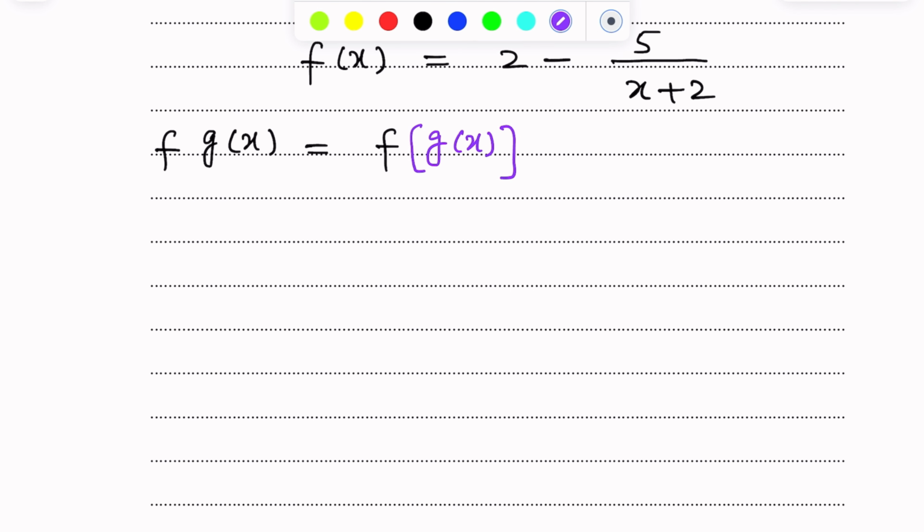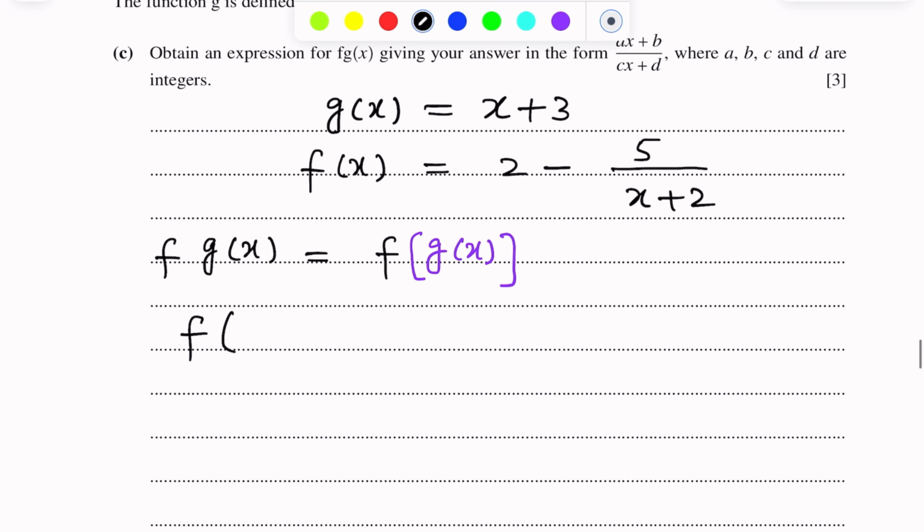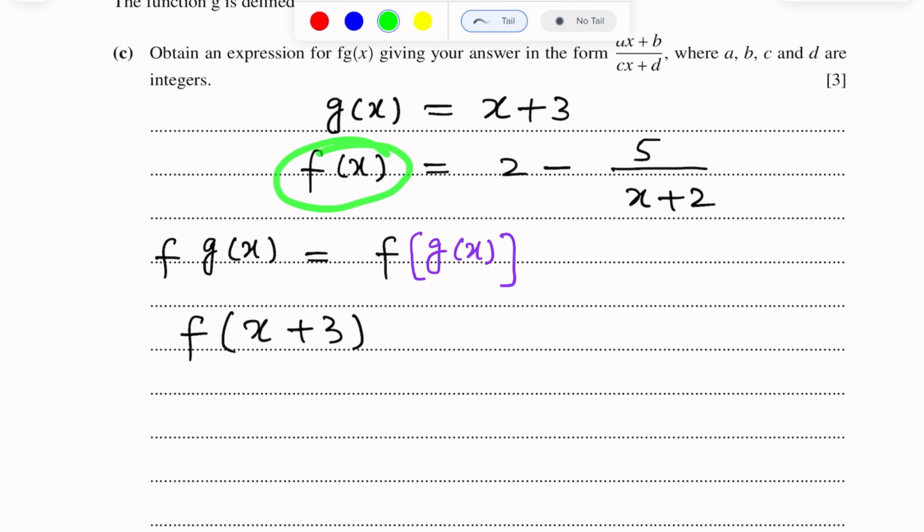We get f(x + 3). Now we compare the function f(x) with this function.